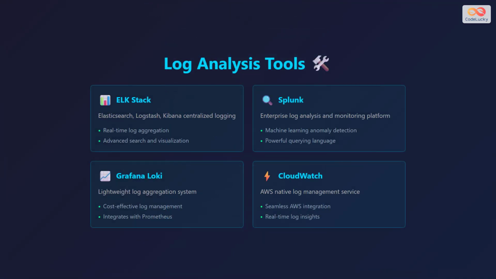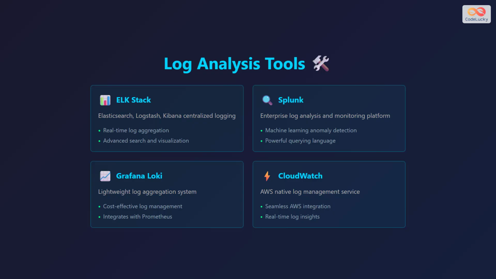Modern log analysis has moved beyond command line tools. The ELK stack, which stands for Elasticsearch, Logstash, and Kibana, provides centralized log aggregation with real-time search and visualization capabilities. Splunk is an enterprise platform that adds machine learning for anomaly detection and includes a powerful querying language. Grafana Loki offers a cost-effective alternative for log management and integrates well with Prometheus monitoring.